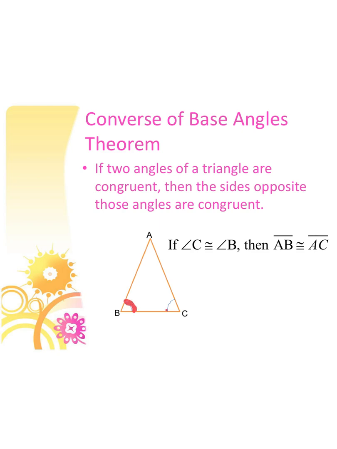Given the angles are congruent, then you can conclude that the two sides, the legs, across from those congruent angles are also congruent sides. So if angle C is congruent to angle B, then side AB is congruent to side AC. All we did was switch the if and the then. We learned about converses back in Chapter 2.